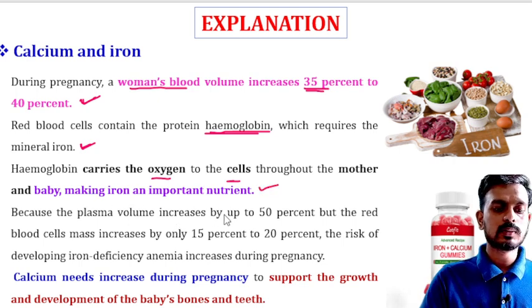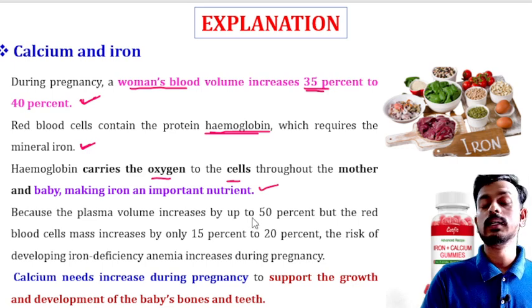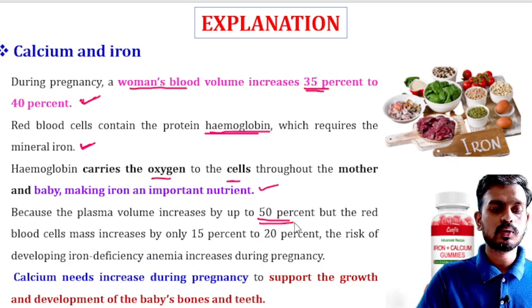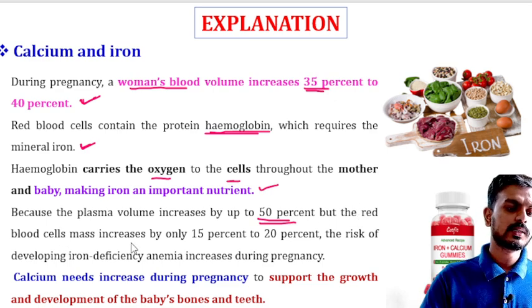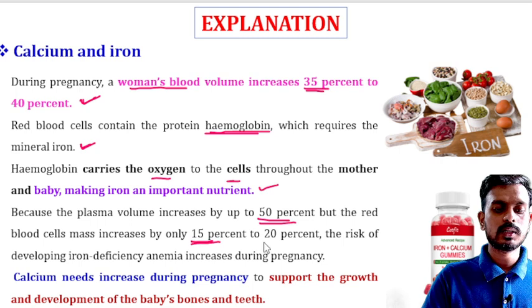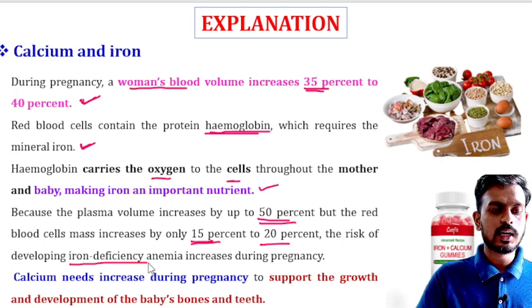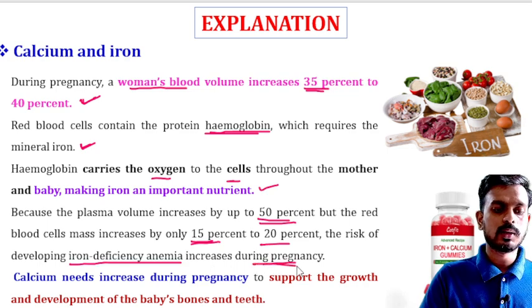The plasma volume of the mother increases by 40 to 50%, but the red blood cell mass increases only 15% to 20%. That's why the risk of iron deficiency anemia increases during pregnancy.